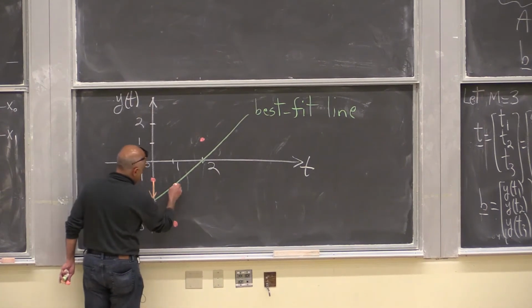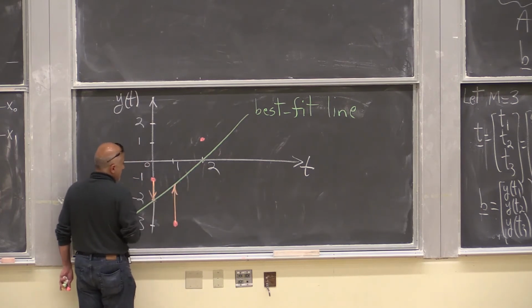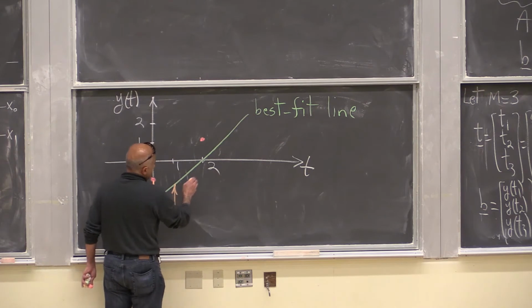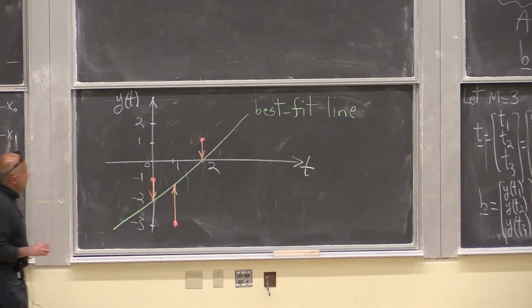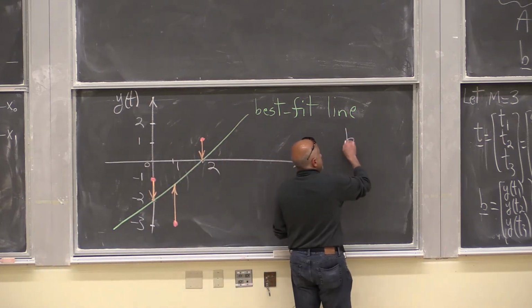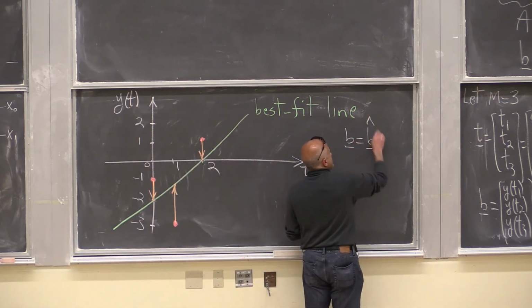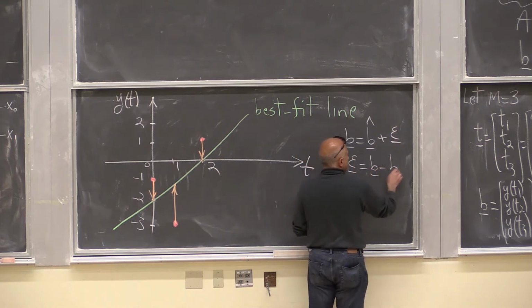The error here is the actual measurement minus the ideal model. So the way I drew the arrows is that I know b is b hat plus the error. So the error is b minus b hat.